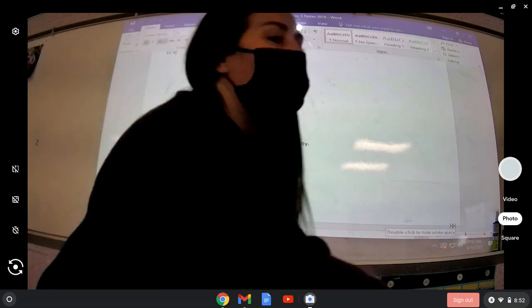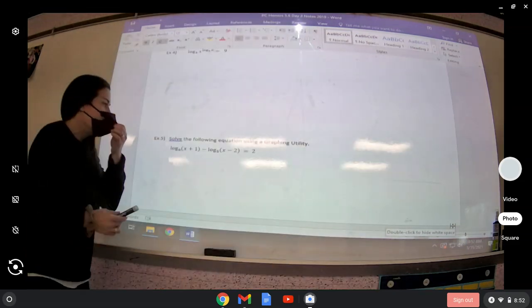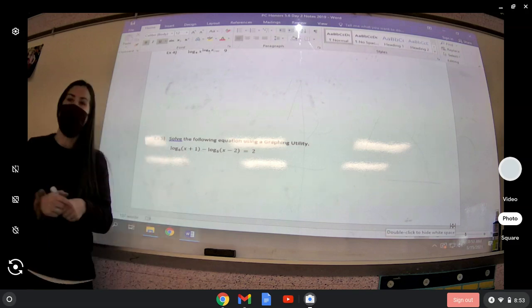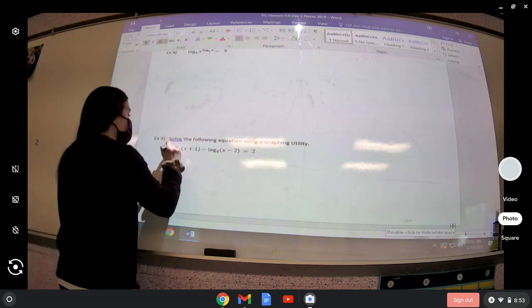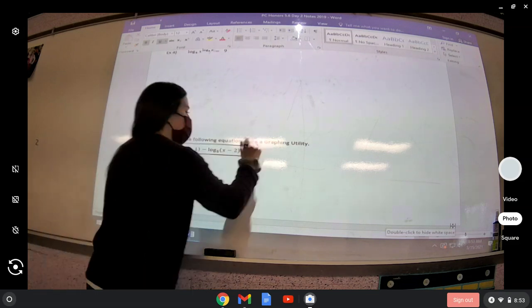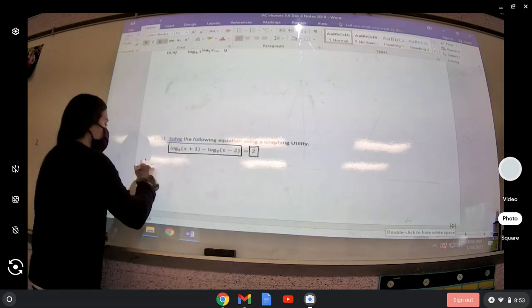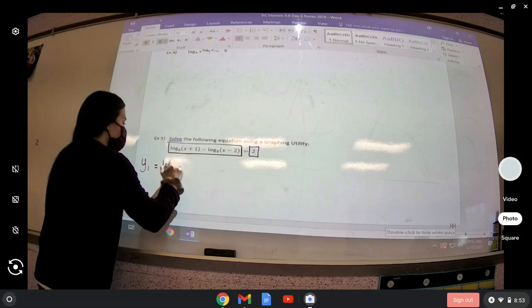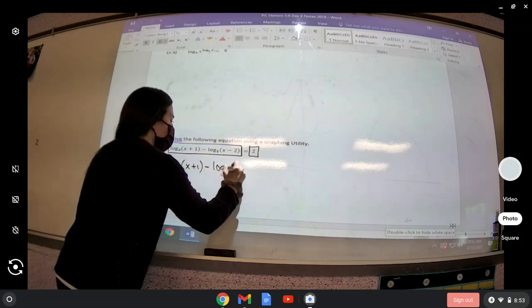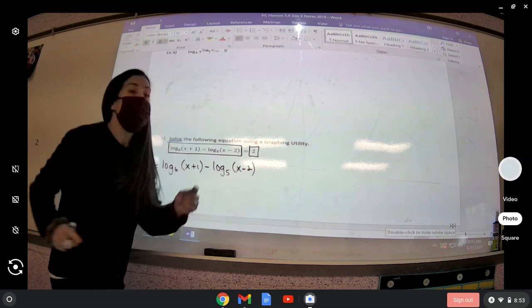All right, so what we're going to do, when you have a graphing calculator question, guys, you're literally going to treat the left side of the problem and the right side of the problem like two different problems. You're trying to find out, when does this equal that? So you're going to let y1 equal log base 6 of x plus 1 minus log base 5 of x minus 2.